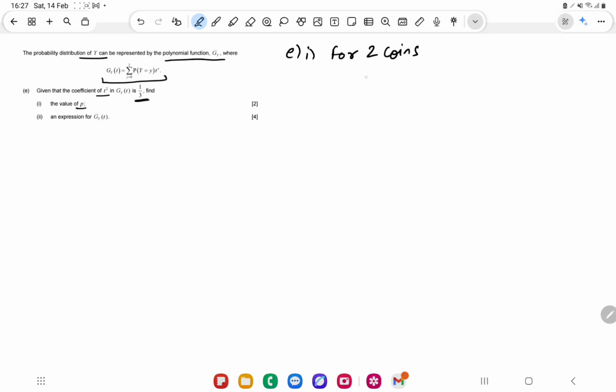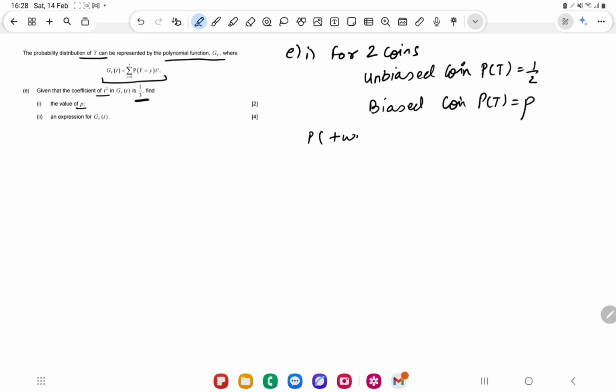We can write the probability of tails for the unbiased coin as half, and for the biased coin, the probability of tails is p, which I have to find out. So we have to find the probability of 2 tails, which is nothing but P of y equal to 2. It should be the unbiased coin, which is half, into the biased coin, which is p. So I get my answer as p by 2 here.